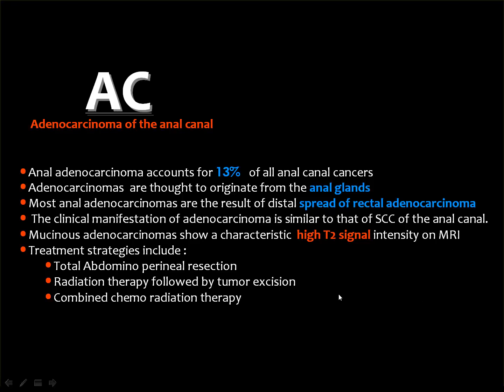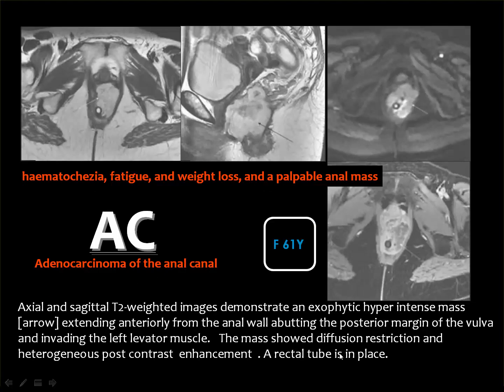Because of the presence of mucin in the tumor, it will show significant high signal intensity on T2 weighted images. Most anal malignant lesions are treated by total abdominoperineal resection with permanent colostomy. Radiotherapy or combined radio and chemotherapy may be used preoperatively to downstage the tumor.